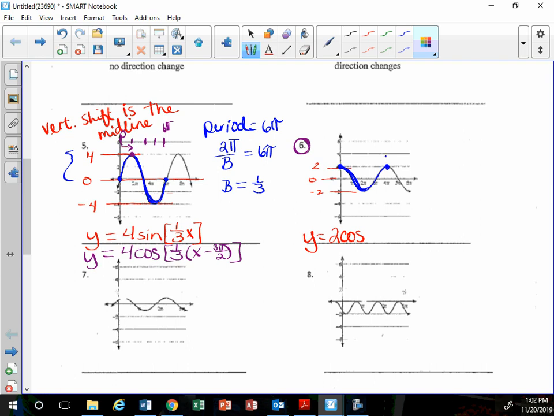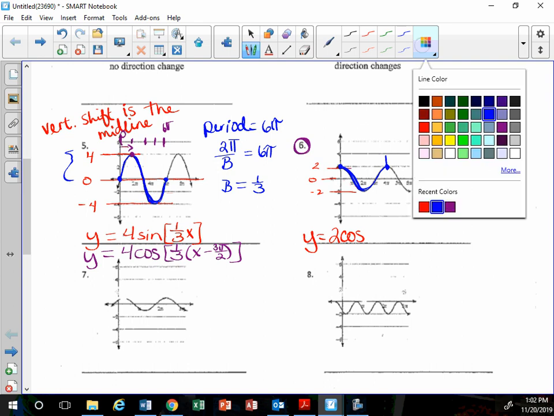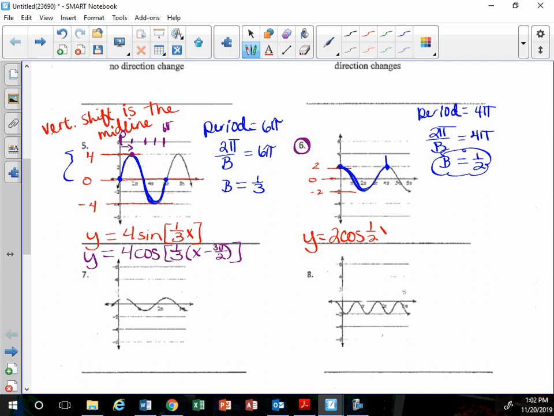So it looks to me like the period is 4 pi. You are setting up 2 pi over b equals 4 pi. What does that make b? 1/2. That's one equation, the cosine equation. There's no shifting. You could do a shift if you really feel the need, like minus 4 pi, but you don't have to.